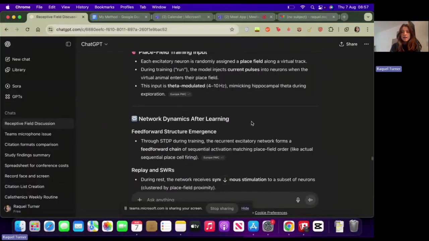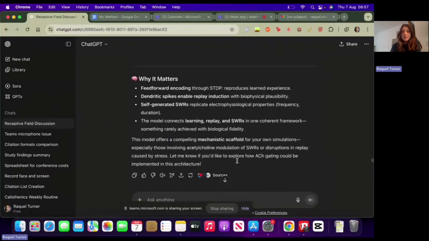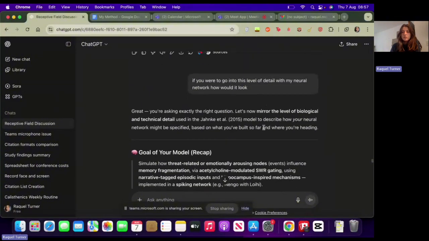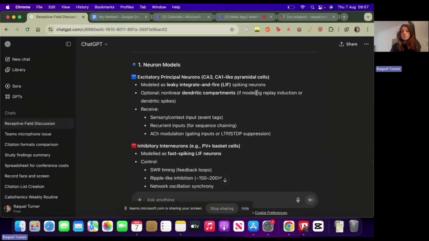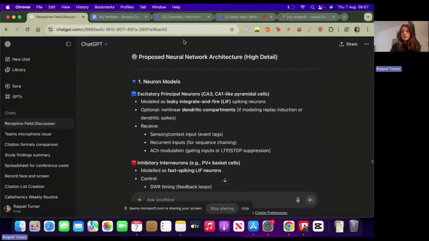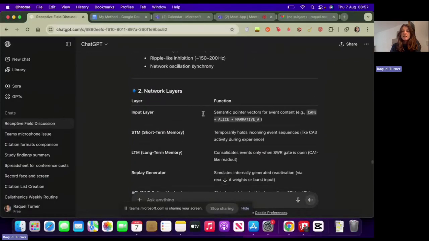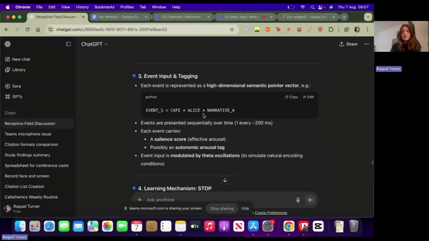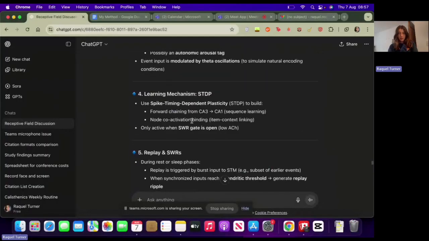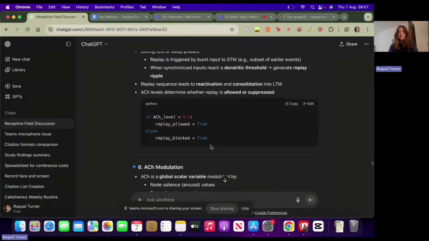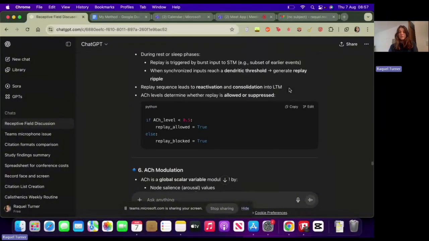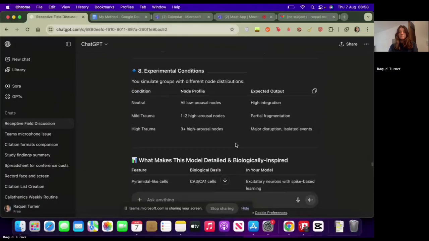So I even asked it after, if you were to get it to that level of detail, what would it look like? But I still was not satisfied with what it told me. It extended a little bit, but I was just trying to figure out what information I'm missing to get it to that level of detail.